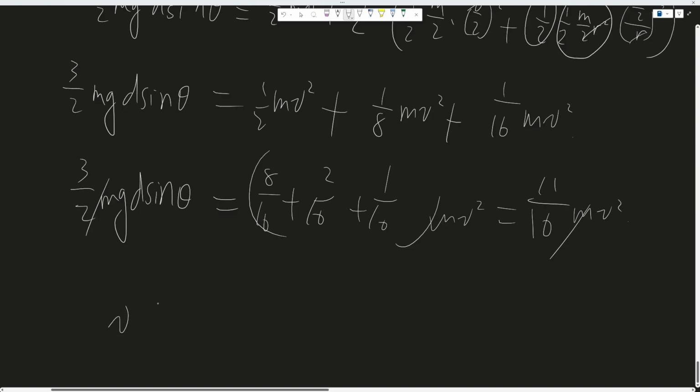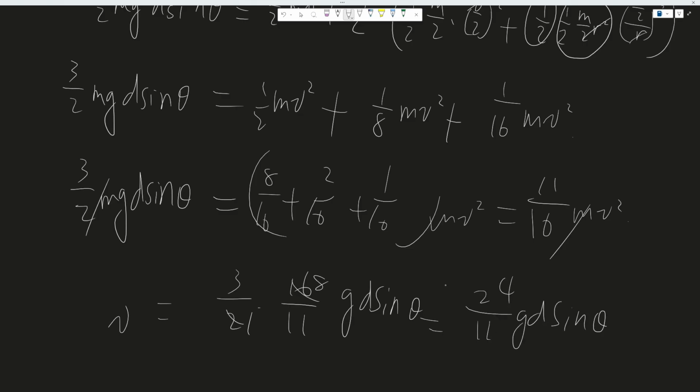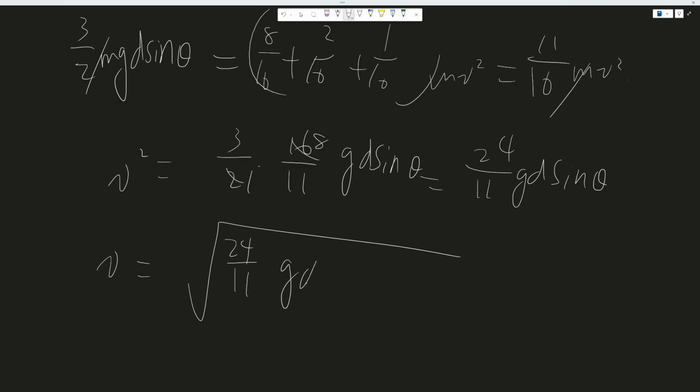We have v squared equals 3/2 times 16/11 times g d sine theta, and then 1, 8, so it's 24/11 g d sine theta. This is v squared, and so v must be the square root of 24/11 g d sine theta.